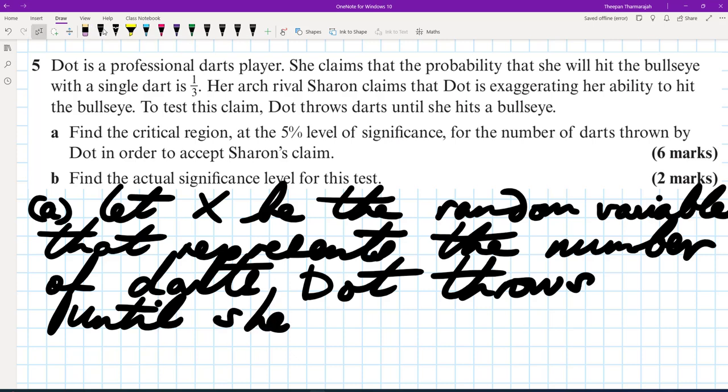We said that's the key characteristic of a geometric distribution. It's the first time something occurs. So until she hits a bullseye.